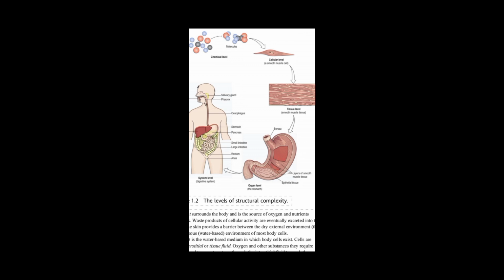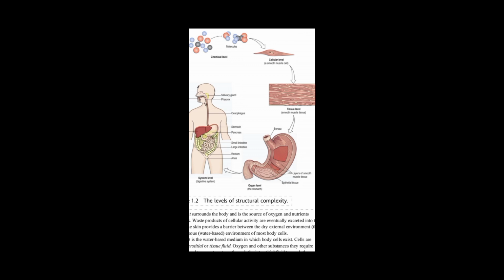For example, the neurons, which are the nerve cells, they combine to form the nervous tissue. The hepatocytes, which are the cells of the liver, they combine to form the liver tissue.